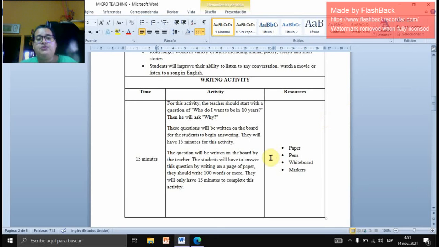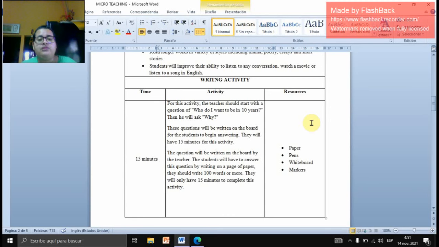These questions will be written on the board for the students to begin answering, and they will have 15 minutes for this activity to write down some options they have in mind. So the questions will be written on the board by the teacher, and the students will have to answer these questions by writing on a page of paper.